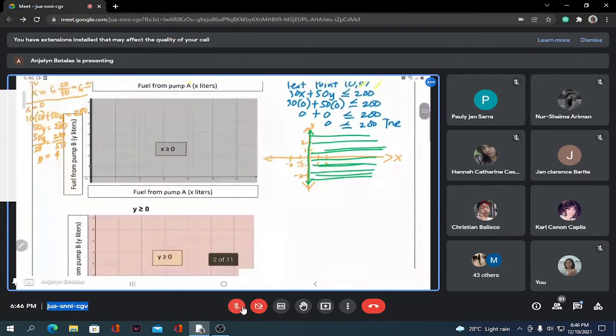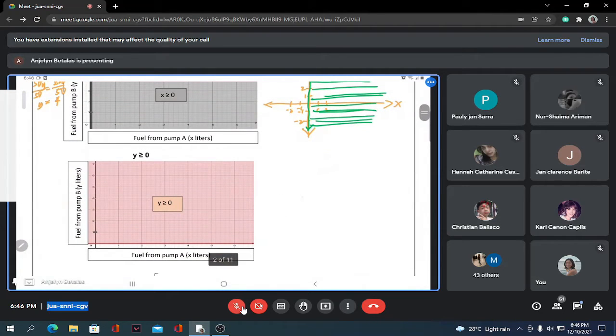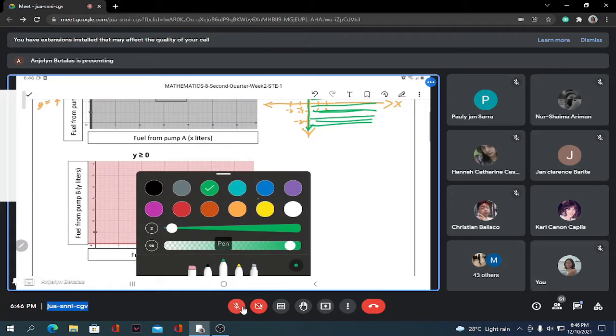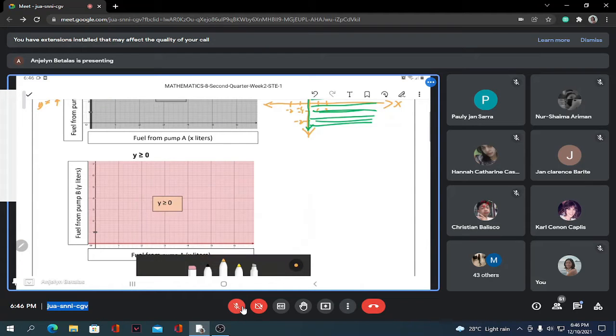Sunod is y is greater or equal to 0 na ta. So, kini akong ipakita ang Cartesian plane. Ang kanan sa graph na gibutang dira is just the first quadrant.